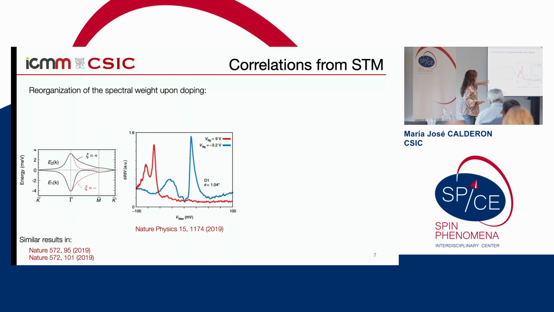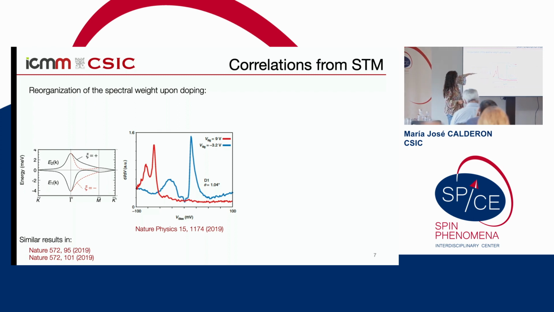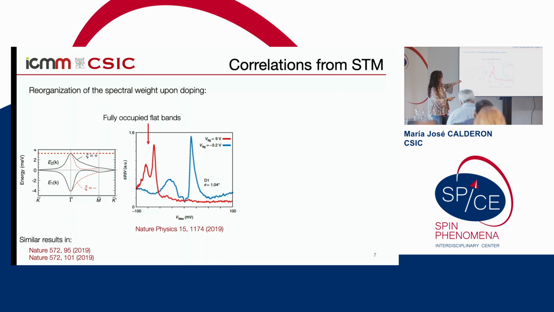in which they can tune with a gate the chemical potential in these flat bands. And the first observation was this dI/dV plot as a function of bias, which allows you to explore, to move the chemical potential.